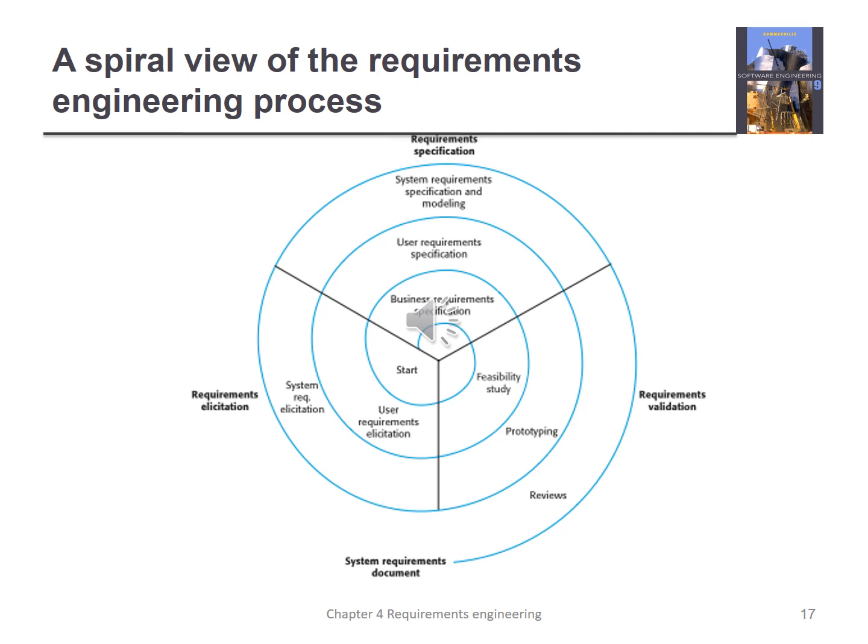All this information is put in the system requirement document. So we start with requirement elicitation, then requirement specification, then requirement validation, and finally system requirement documentation at the end, which is just outside the outer loop.